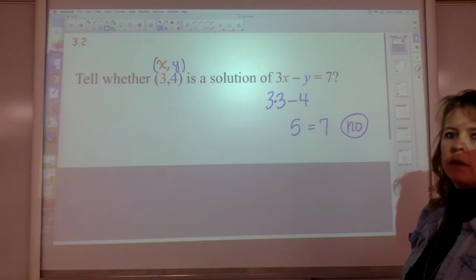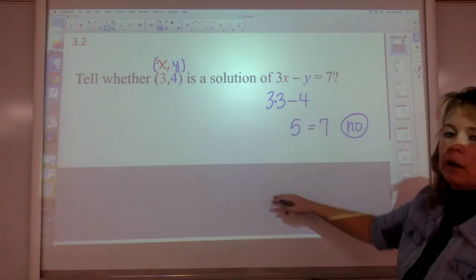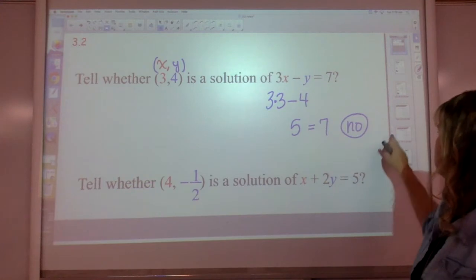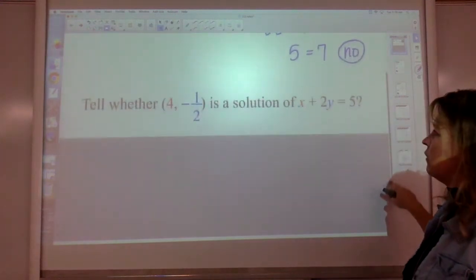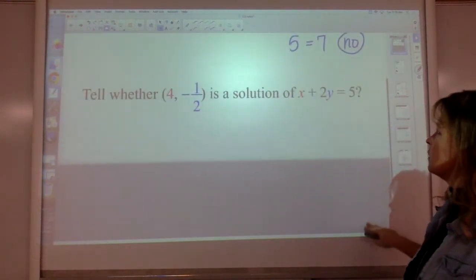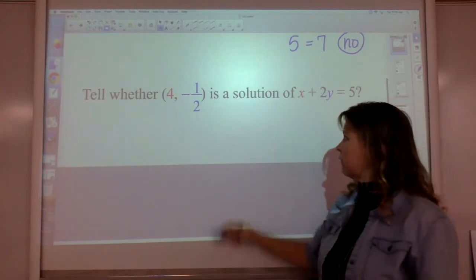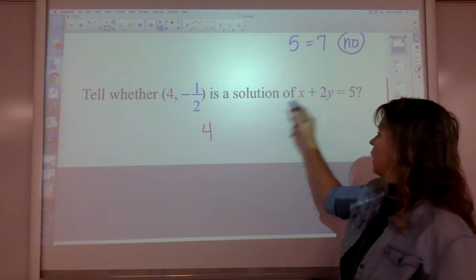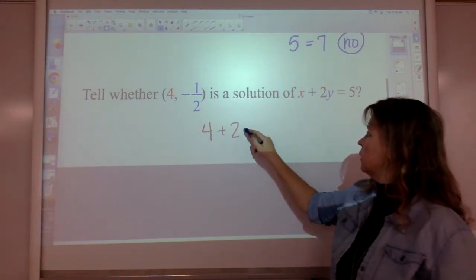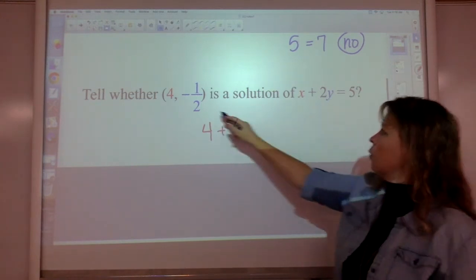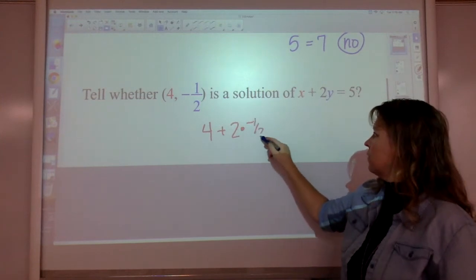Did you put x and y in the right spot, and did you calculate it with a calculator or with order of operations? Tell whether (4, negative 1/2) is a solution of x plus 2y equals 5. So we put in 4 plus 2 times y, which is negative 1/2.